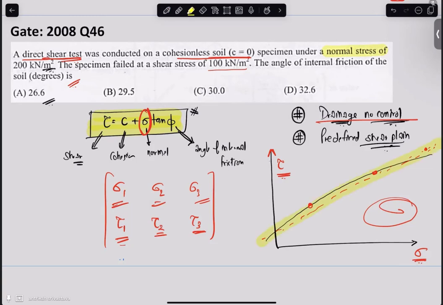The y-intercept of this line gives us the cohesion, and the slope gives us the internal friction angle. So we are going to use this equation for calculating our phi, the internal friction angle.